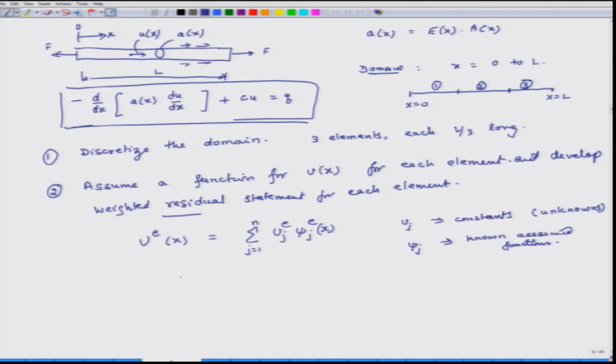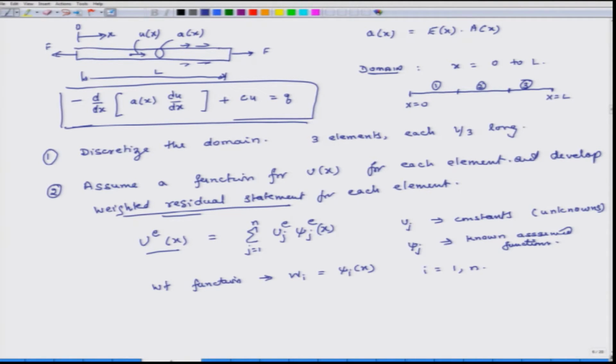And also we assume a weight function, because to develop this weighted residual statement we have to assume u and we also have to assume a weight function. So, the weight function is W_i equal to psi_i(x), and i is equal to 1 to n. So, we will take different weight functions.